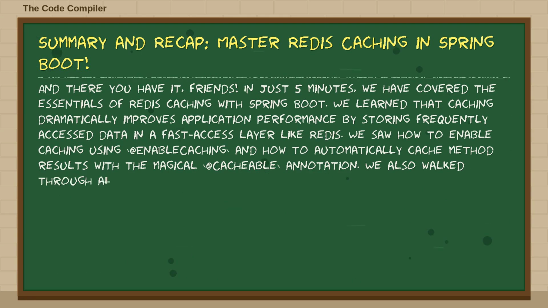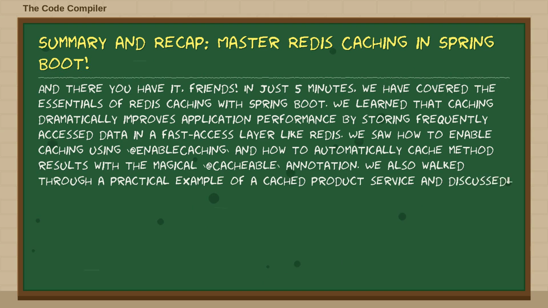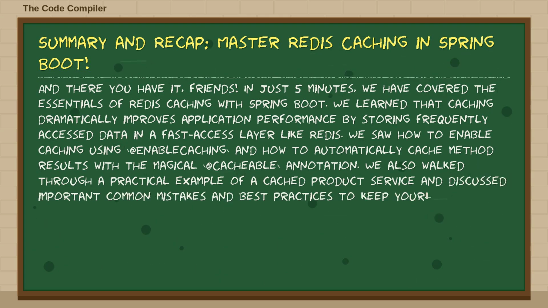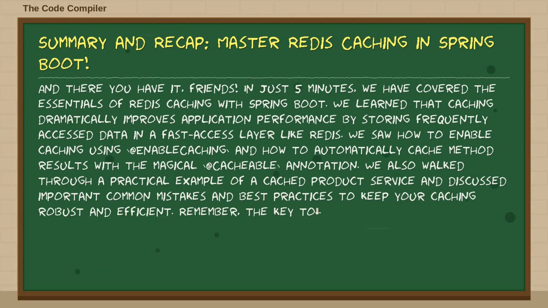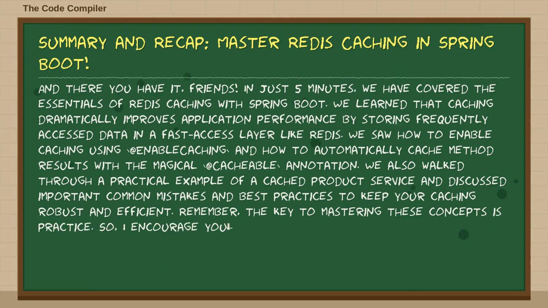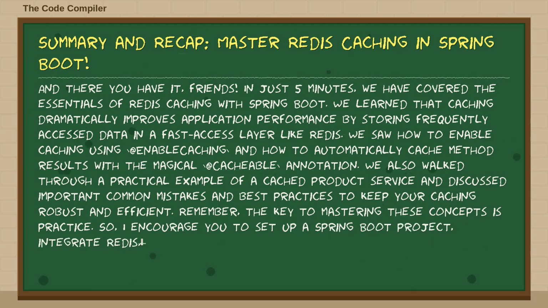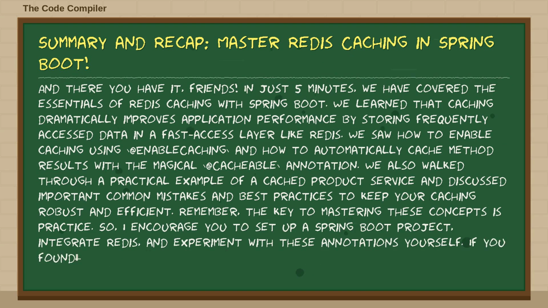We also walked through a practical example of a cached product service and discussed important common mistakes and best practices to keep your caching robust and efficient. Remember, the key to mastering these concepts is practice. So, I encourage you to set up a Spring Boot project, integrate Redis, and experiment with these annotations yourself.